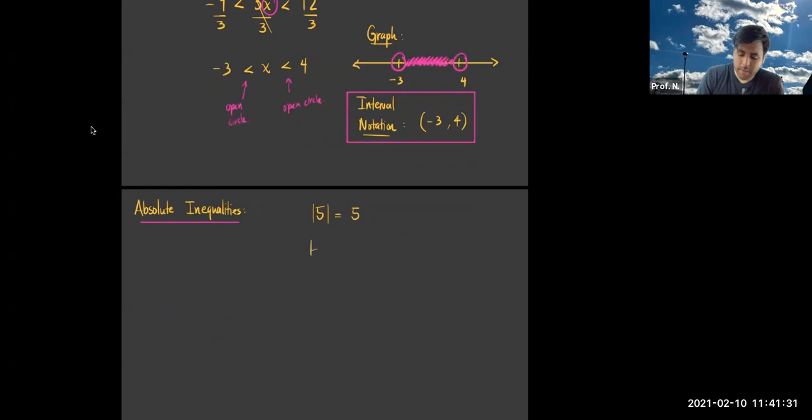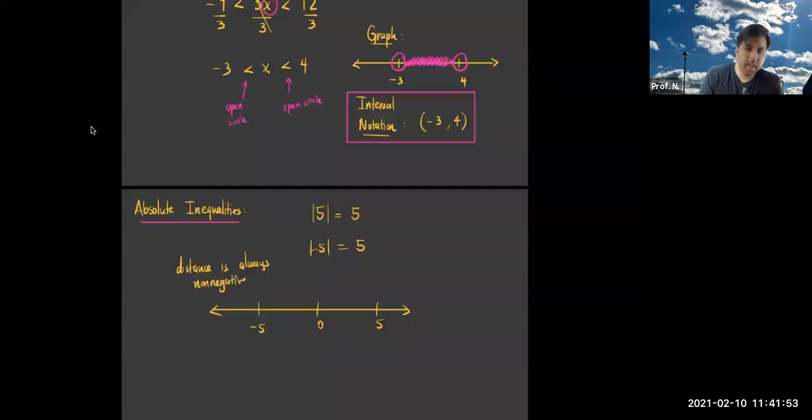The absolute value of -5 is also 5, because when you look at the number line, distance is always positive, or I should say always non-negative. We can never say, hey, that's -5 feet away. We always talk about distance in a positive or non-negative sense. So it could equal 0, but it can't be negative.